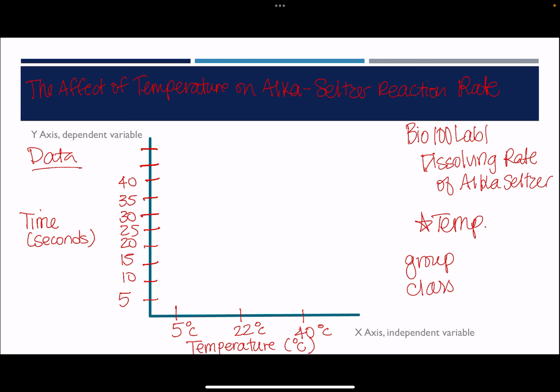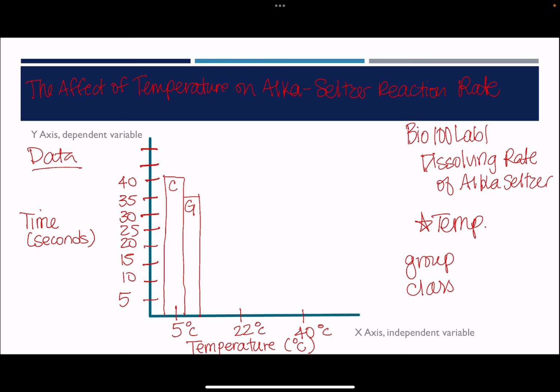So I'm going to say that our class average for 5 degrees Celsius was 40, and our group data was 35. Now you will probably want to color code it or somehow make a key here. I'm not going to do that because switching pens is a little bit of a pain.